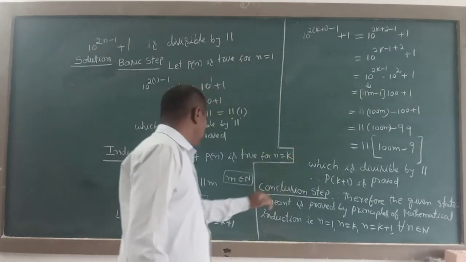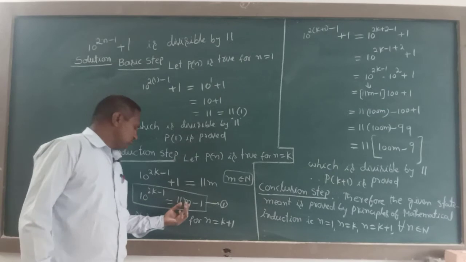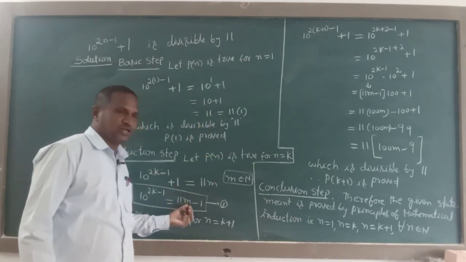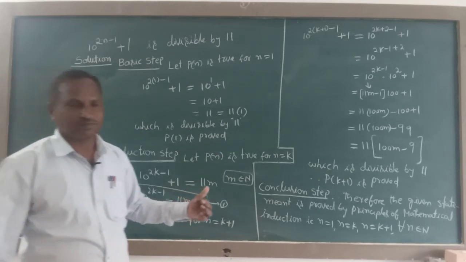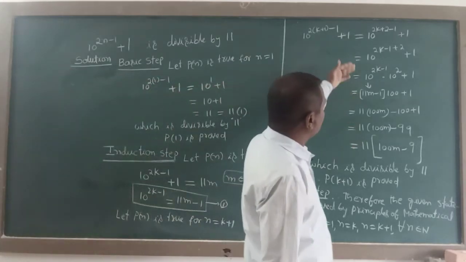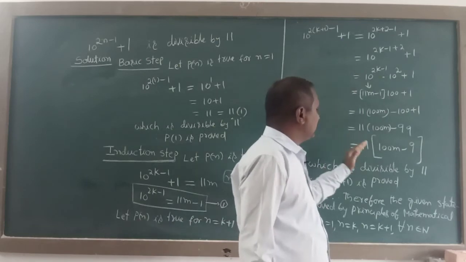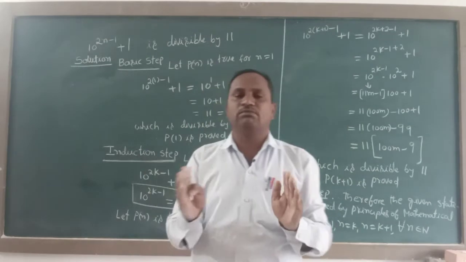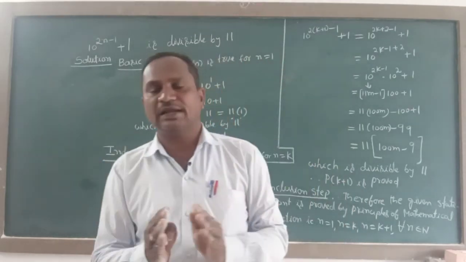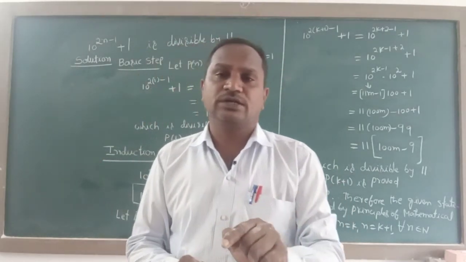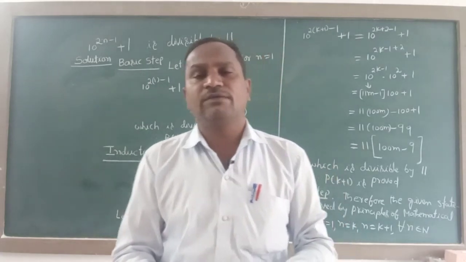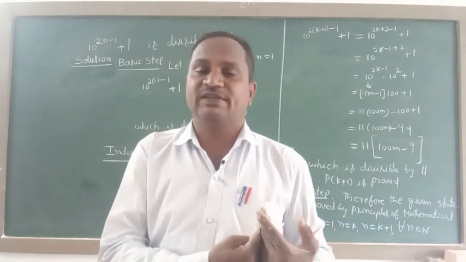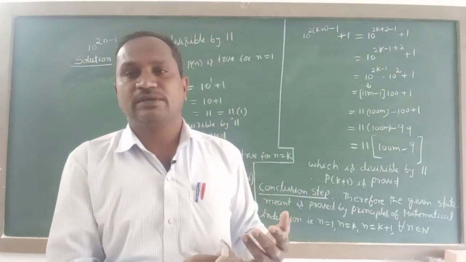Instead of that, from equation 1, we substitute 11m minus 1. On simplification, finally we got 11 into 100m minus 9. 11 into something in brackets means it must be divisible by 11. Divisible by 11 also means multiple of 11. Both have the same meaning here.